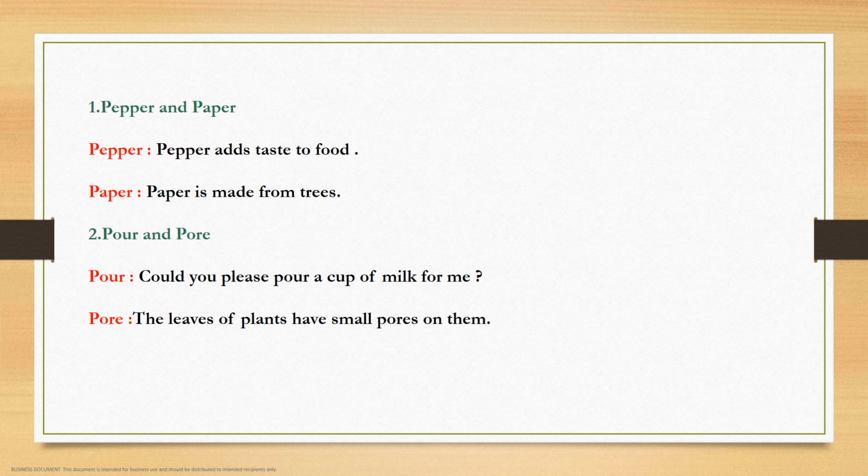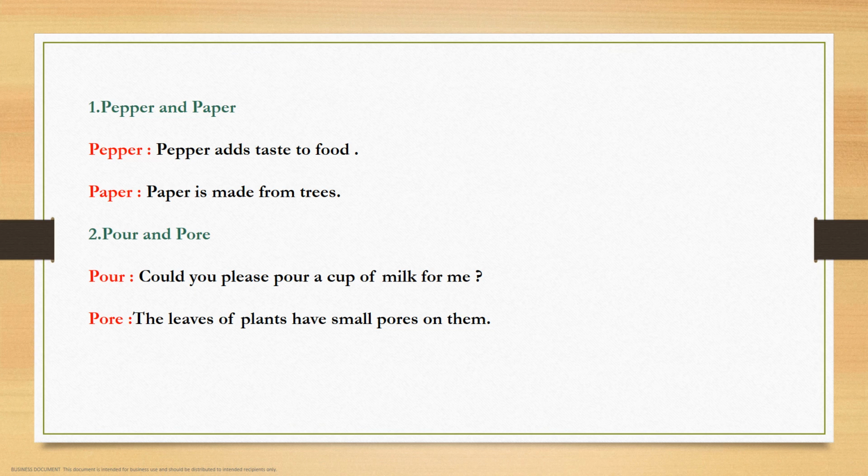Paper also sounds similar, but the meaning is completely different. And you all know what paper is. Paper is what you write on. Example of a sentence would be paper is made from trees. Yes.